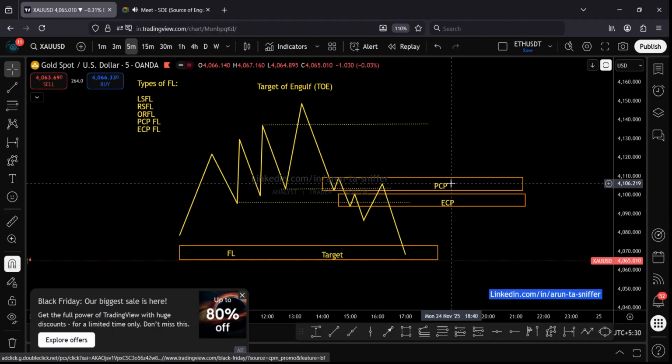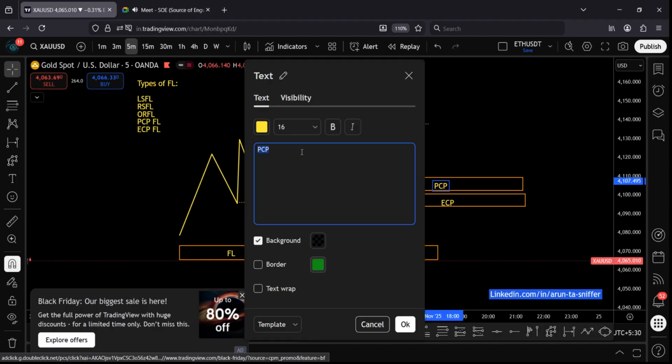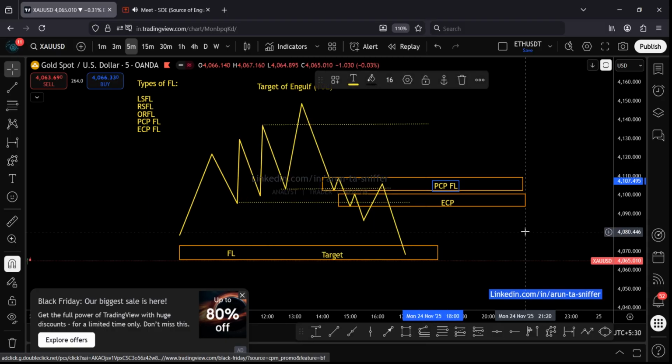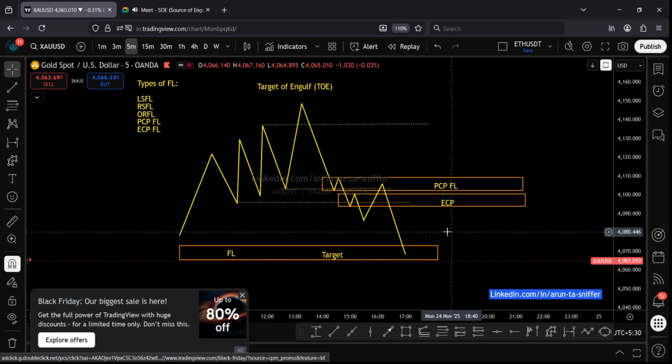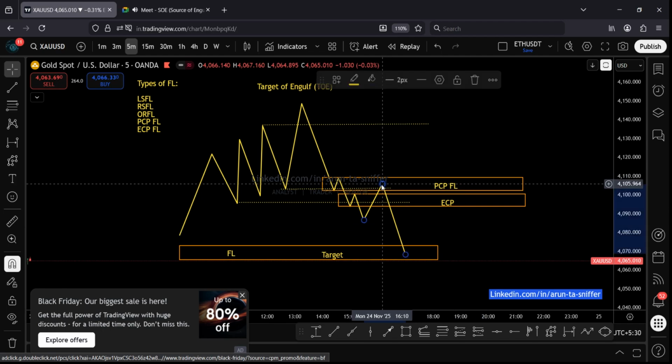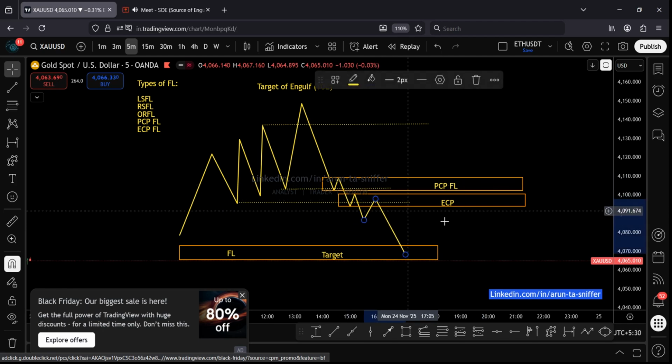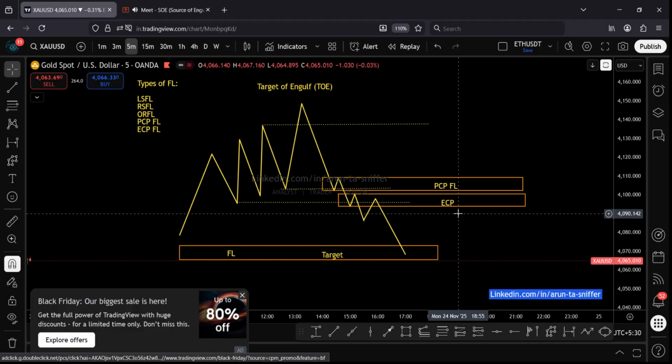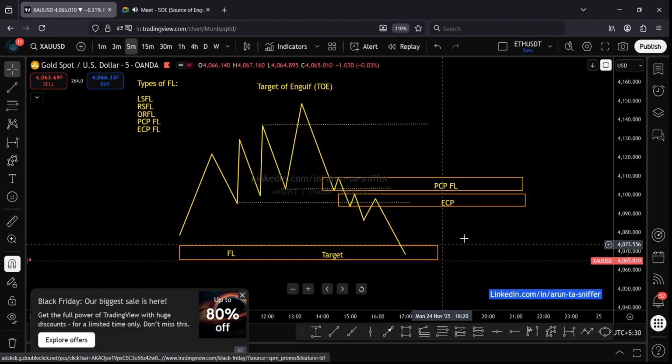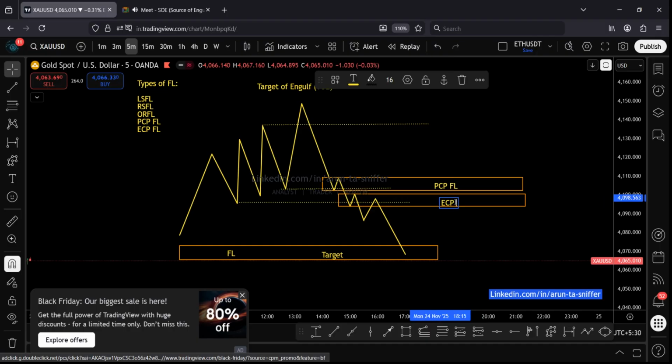In this case, it will become PCPFL. If price goes back and falls from here, PCP held the price, falls from here and reaches the target, it will be called PCPFL.